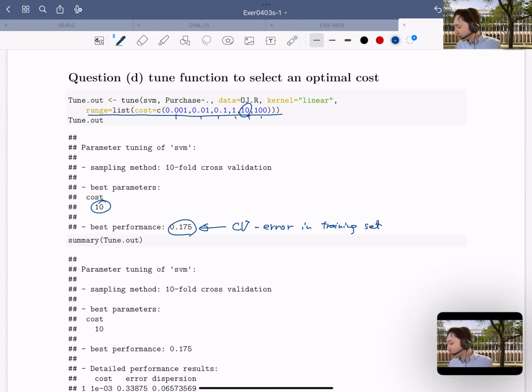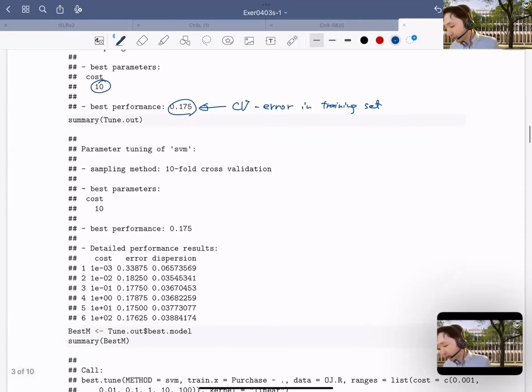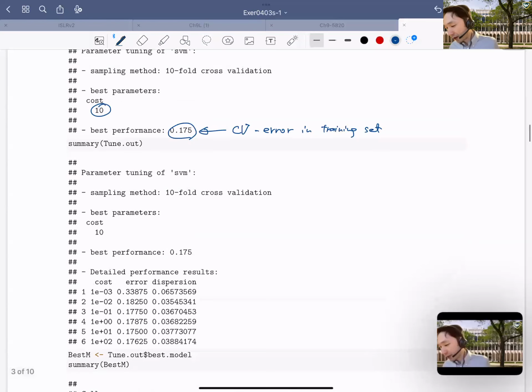So this is almost similar to test error, but we are using only the training set, and we choose the best parameter in the training set. So this is slightly better than test error on average, but it's basically similar to test error.